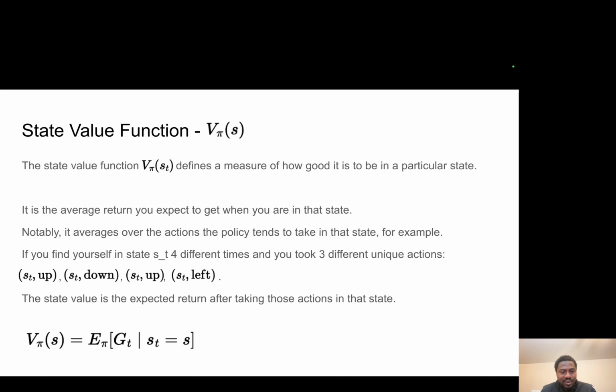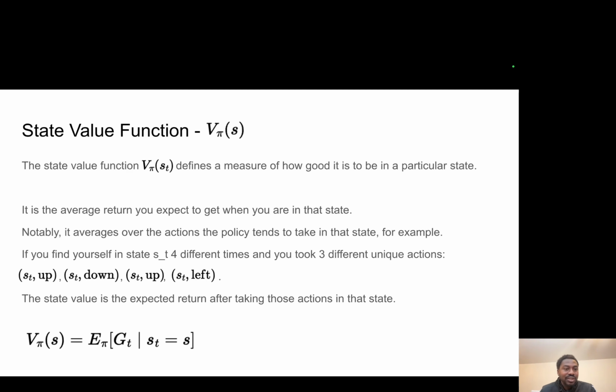Irrespective of how slow or fast you drive, just being on a road that has no traffic is a very good state to be in, and makes it easier for you to get to your destination. On the other hand, if you are on a road that has really, really bad traffic, irrespective of the actions that you take, it's a bad state to be in for your goal.